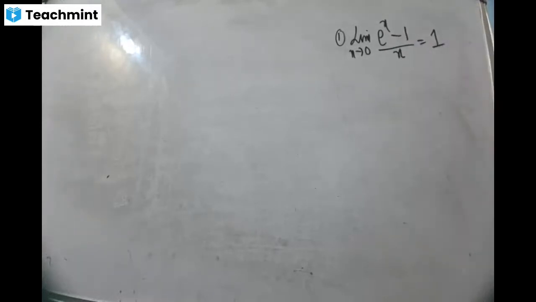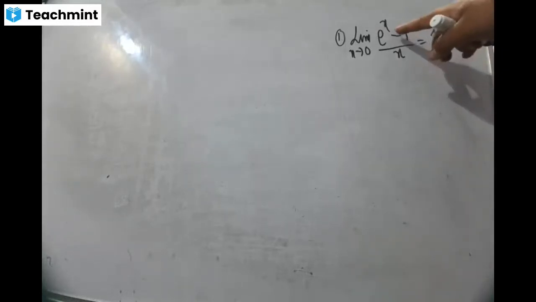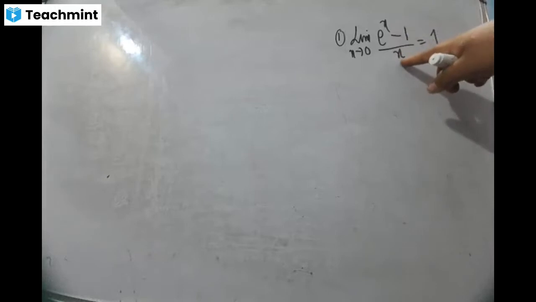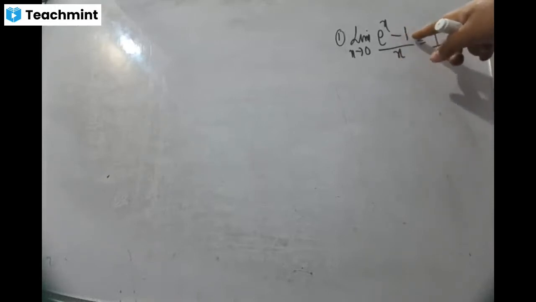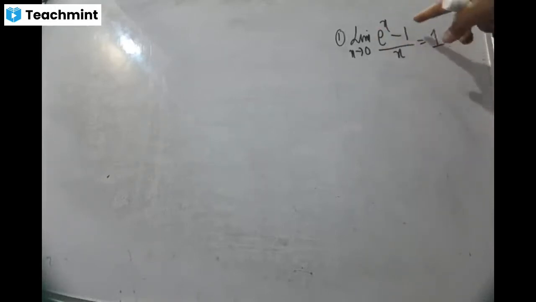That means if I can convert the equation into this form, whatever is the power of e has to be the denominator, and if there is 1, then instead of this value I can directly write it as 1. So the entire limit vanishes, so the 0 which we were getting will also vanish.